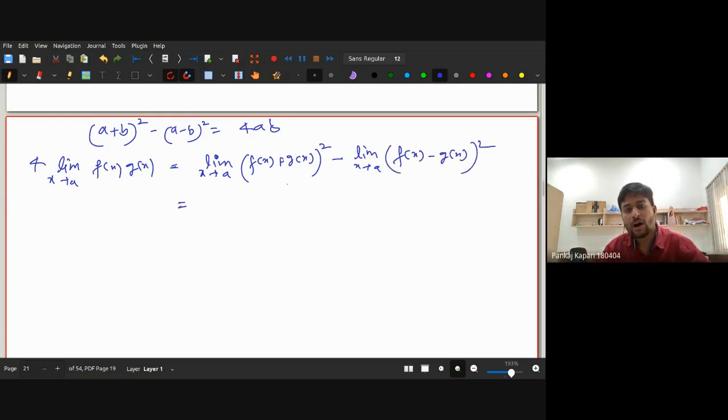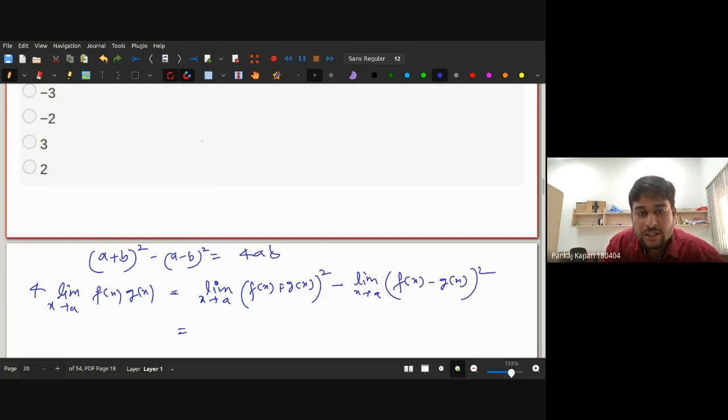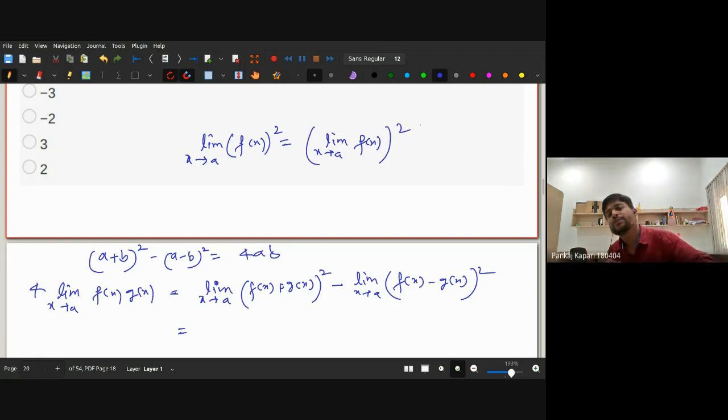Now, this property of limit I have told before also, that the limit of a function whose square you are taking will be the same as first finding the limit of the function and then taking the square of the limit. Whenever both sides make sense, you can do that.